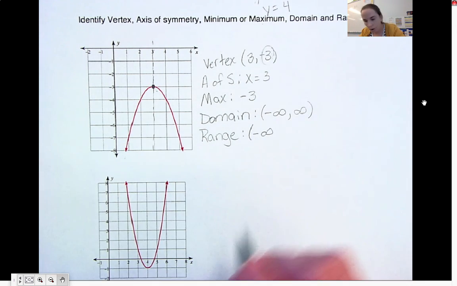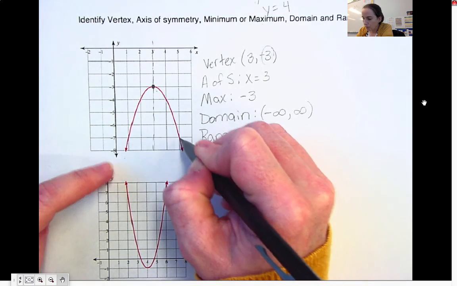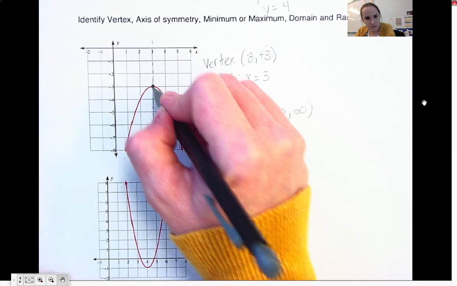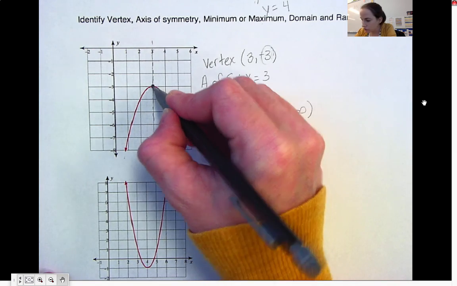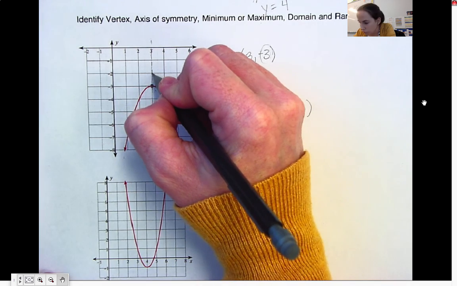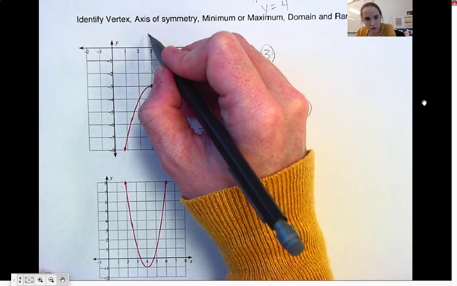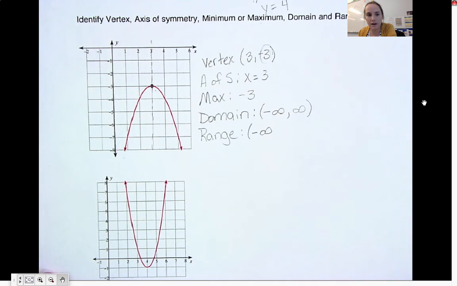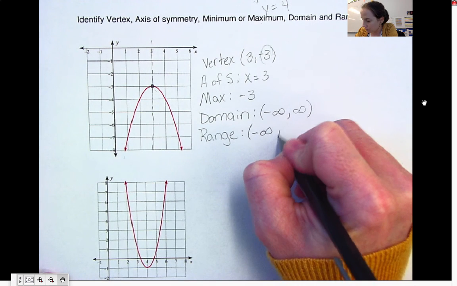It's coming from way down here, and it's going up, up, up. And this is the last part of my graph. That's the highest point. There's nothing at -2. There's nothing at -2.5. There's nothing in the positive range. So I have to tell my y values, if I'm talking about range, they stop at -3.